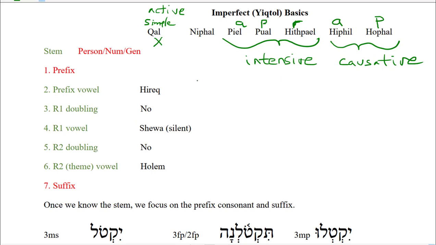So as an example of causative, the root ra'ah, resh aleph hey, in the cal means to see, but over here in the hifil it means to show or cause to see. So to cause to see would be to show. There's an example of a root that has a form in the cal, also has a form in the hifil, and we see this causative idea.